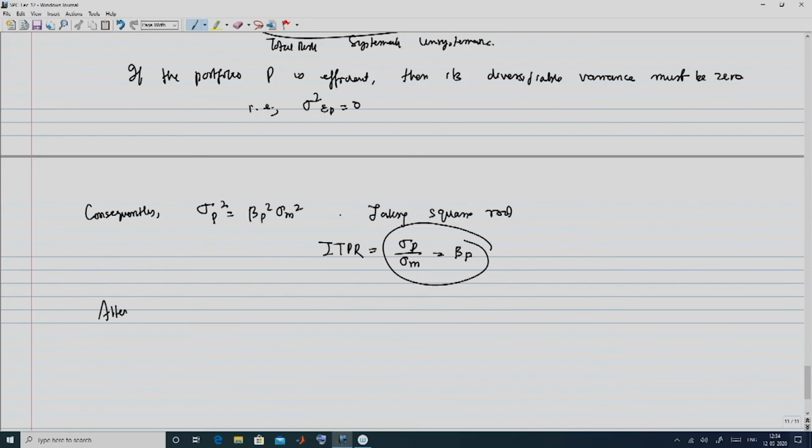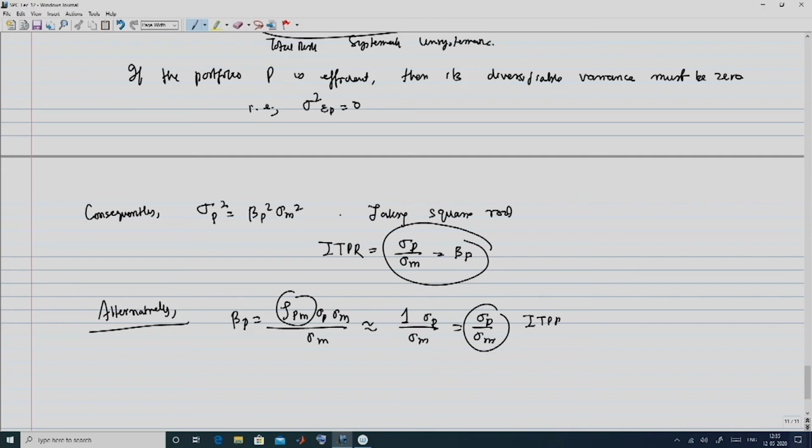There is an alternate approach of deriving this. So, beta p is rho pm sigma p sigma m over sigma m square, and this is approximately, for a well diversified portfolio, going to be 1 into sigma p over sigma m, which is sigma p over sigma m, and this is again ITPR.